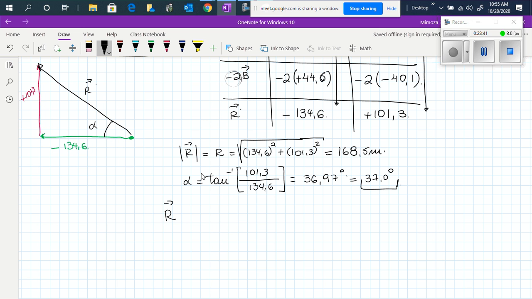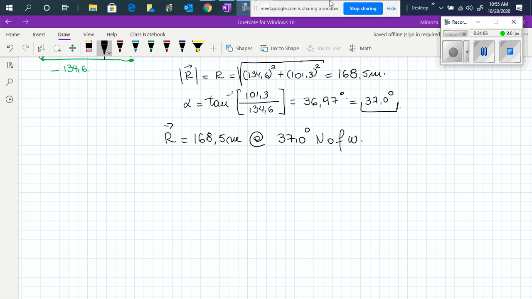And then we write an expression saying that the resultant vector is 168.5 meters at 37 degrees, and this will be north of west.